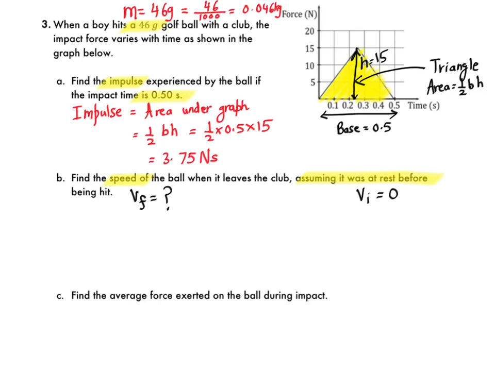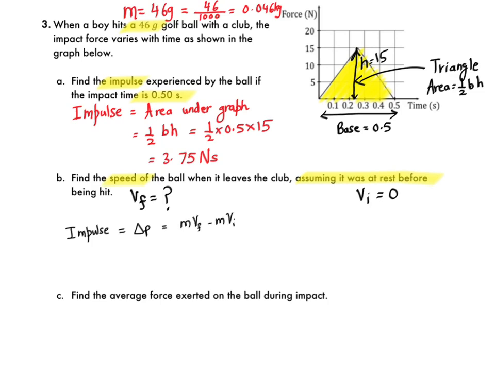Next it says find the speed of the ball when it leaves the club, assuming it was at rest before being hit. So it was at rest before being hit, that means that's vi, and they're asking us what is final velocity. So we use the formula impulse equal delta p because it's talking about velocity and p has velocity in its formula.